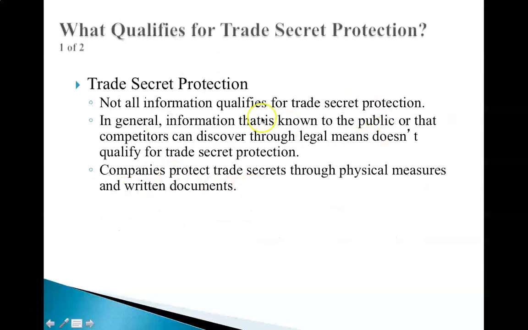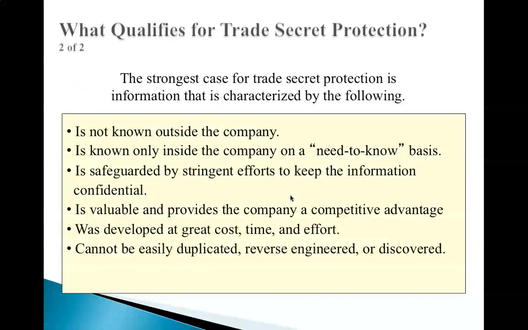Not all information qualifies for trade secret protection. In general, information that is known to the public or that competitors can discover through legal means doesn't qualify. Companies protect trade secrets through physical measures and written documents.